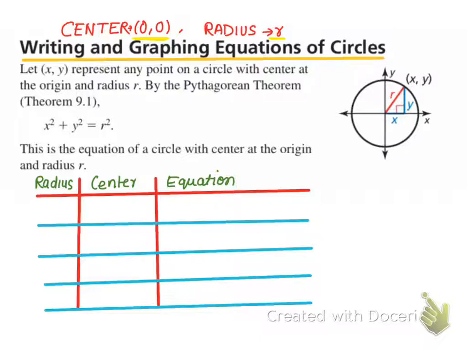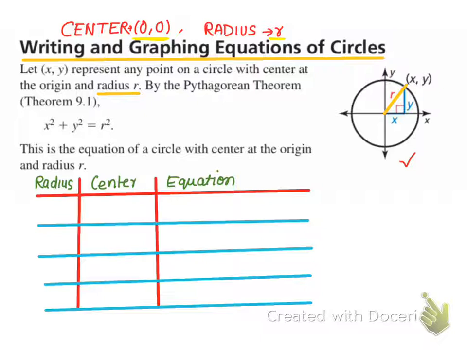If you have been given a circle, like the one on the right hand side here, you need a few pieces of information. You need the radius, that is your r, and then you need the center.